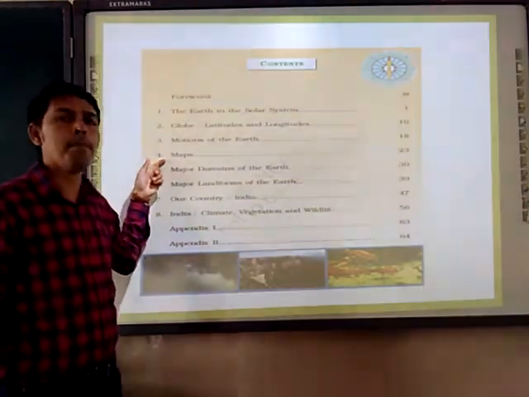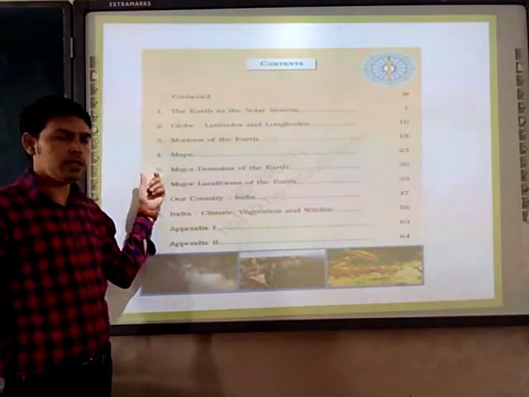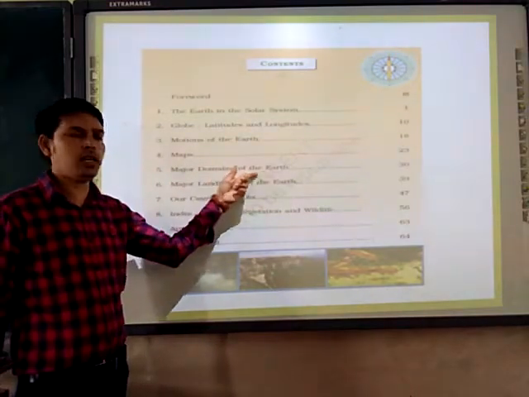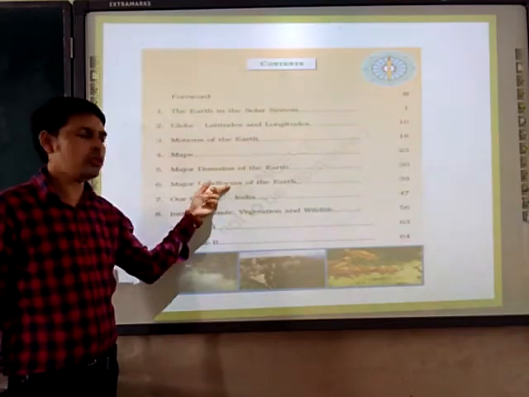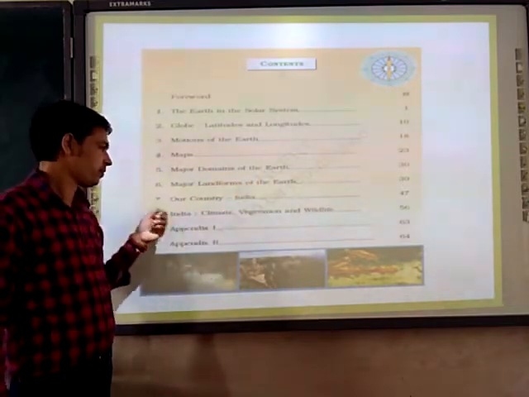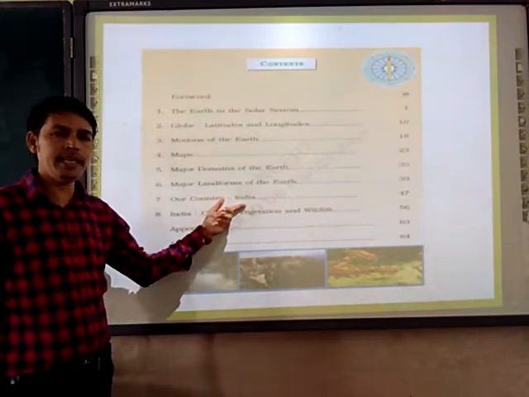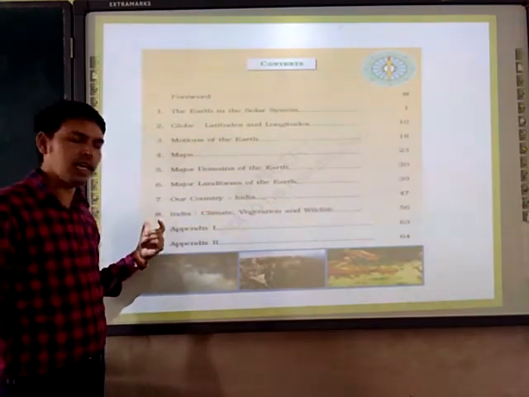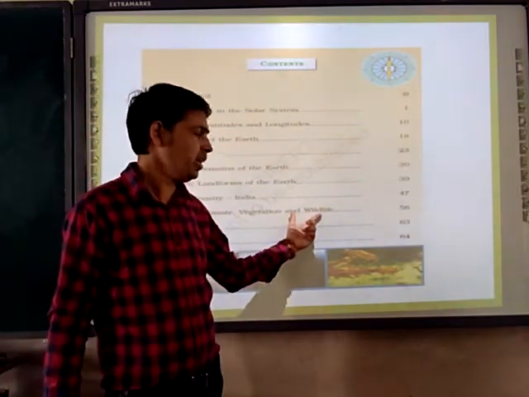Fourth, Maps. Fifth, Major Domains of the Earth. Sixth, Major Landforms of the Earth. Seventh, Our Country, India. And the last one, India, Climate, Vegetation and Wildlife.